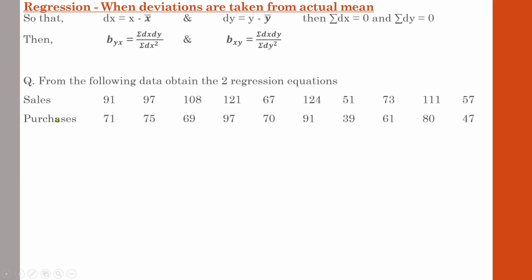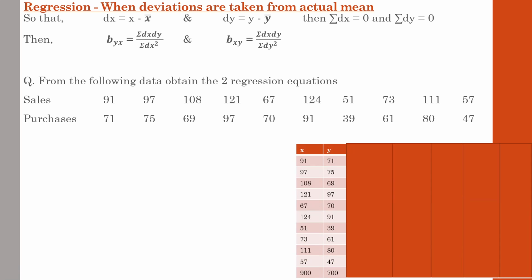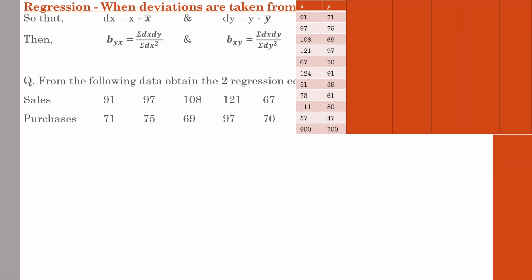Remember, since there is no information regarding which one is x or which one is y, we can assume that the first details, relating to sales, can be considered as x, and the details regarding purchases can be considered as y. So let us substitute these details in a table. From here on, we will deal with values regarding sales and purchases in association with the table.